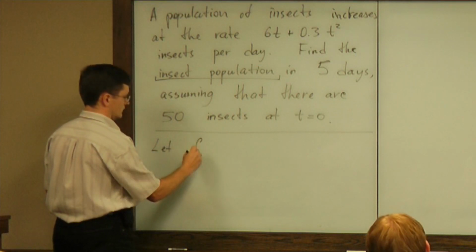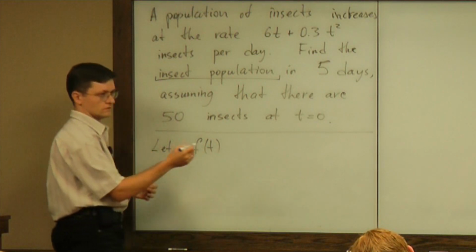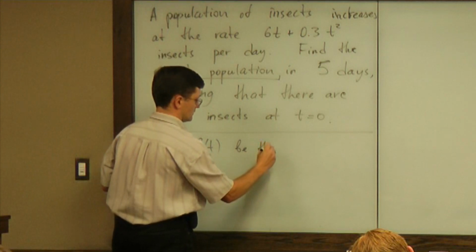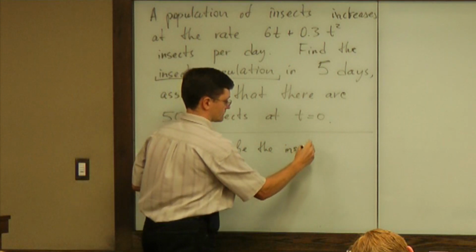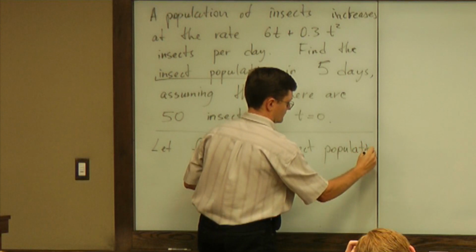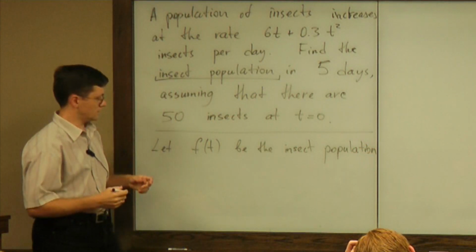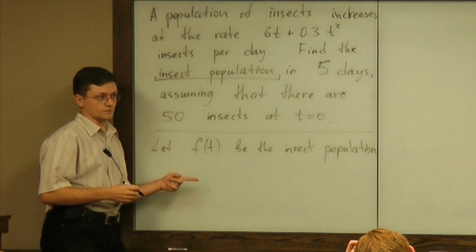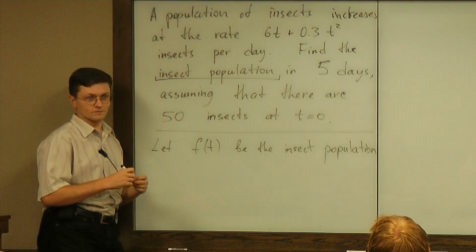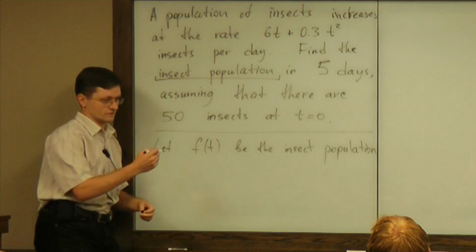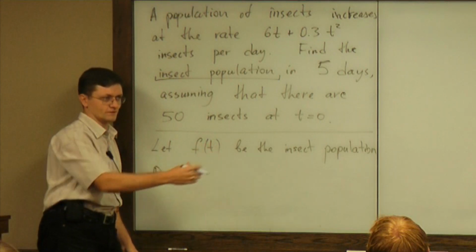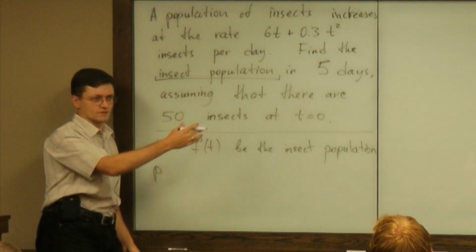So let f of t be the insect population. And at this time you choose a parameter that you consider being useful for integration. So that's the first step toward the ultimate goal of setting up the integral.